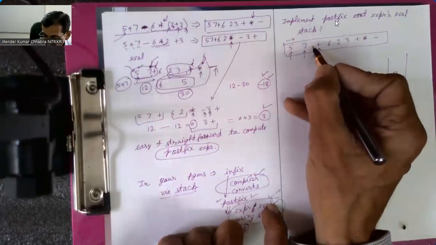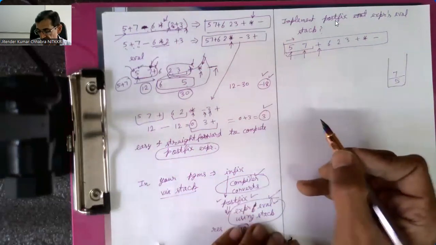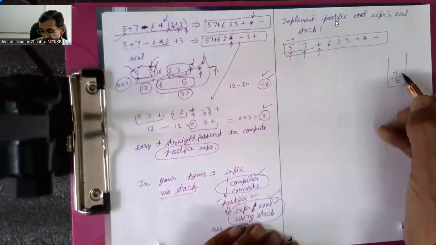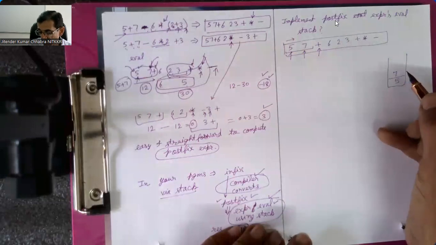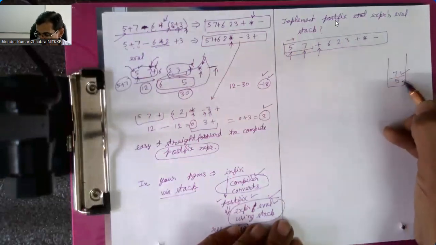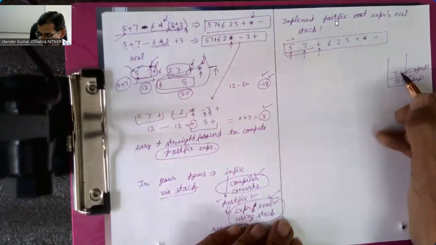Plus needs just the previous two values as its operands. So previous two means just the last two, and a stack is the best opportunity to get the last. So plus will mean pop out this, pop out this. This is your operand 1. This is your operand 2.